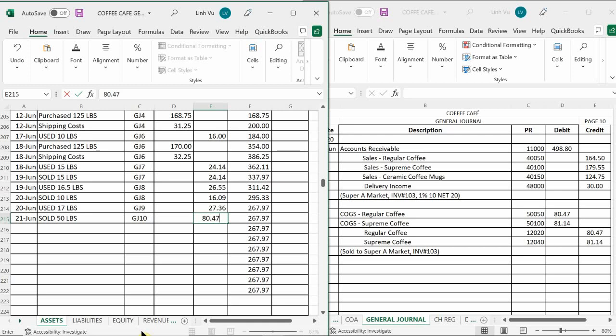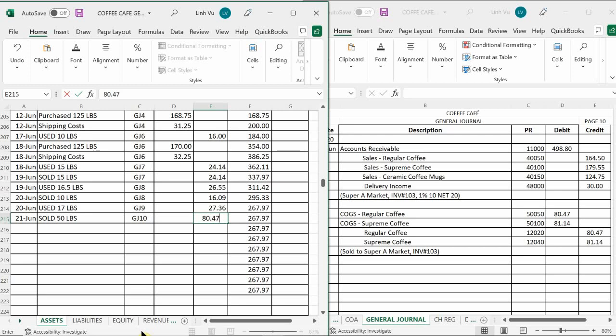If we sell now, we take it from 206.75 minus 80.47.